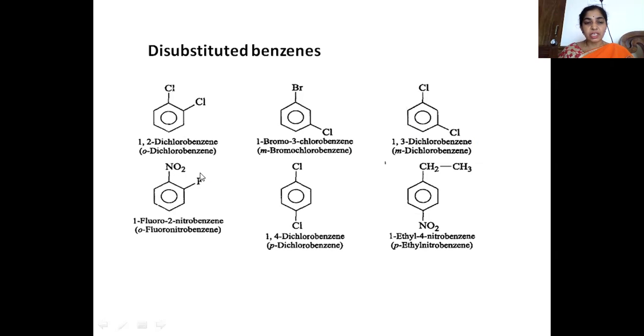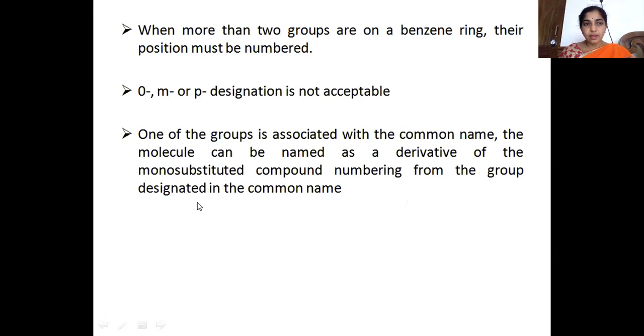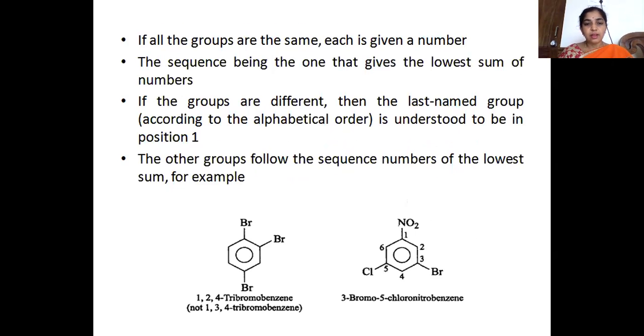Because alphabetically F comes first, later NO2, and according to IUPAC, this fluoro occupies the first position. So 1, then later nitro. So you have to number 1, 2, 3, 4, 5, 6. If all the groups are the same, each is given a number.